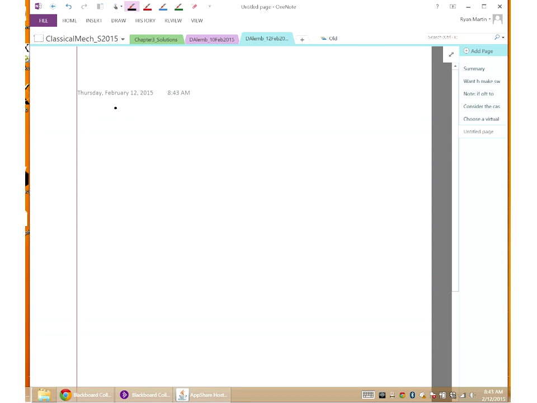So let's apply this now to D'Alembert's principle. D'Alembert's principle tells us that, the way we just wrote it, the sum from i equals 1 to n of the delta V plus the sum from i equals 1 to n of the mi ri double dot dotted with delta ri has got to equal 0.